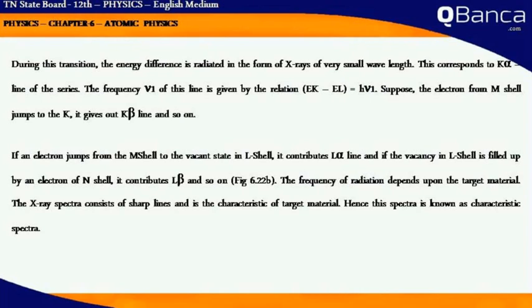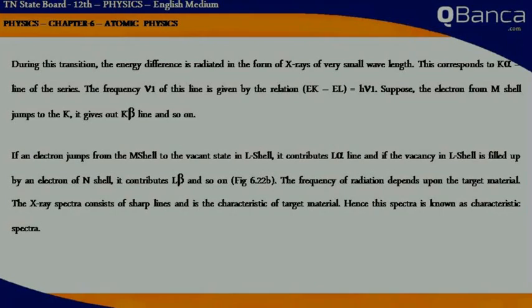The frequency of radiation depends upon the target material. The X-ray spectrum consists of sharp lines and is characteristic of the target material. Hence, this spectrum is known as the characteristic spectrum.